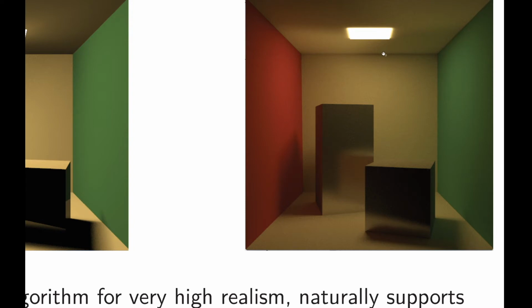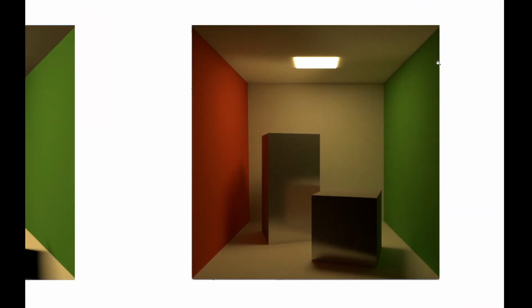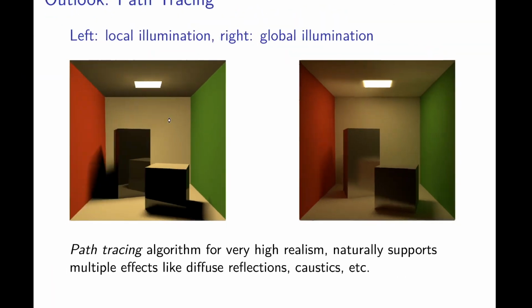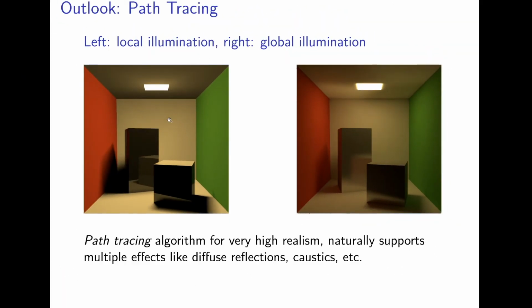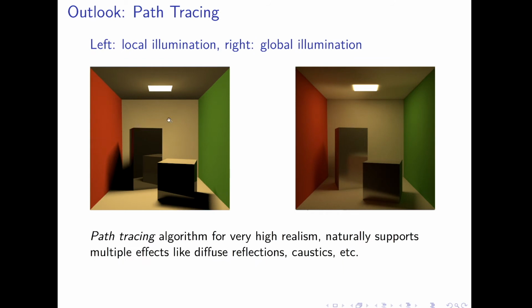For instance, here in this corner, you can very nicely see the effect of color bleeding. And this is an effect that you can only simulate if you take global illumination and diffuse interreflections into account. And this is so compute intensive that it's completely infeasible to do with a wide ray tree as we saw it in the Whitted model.